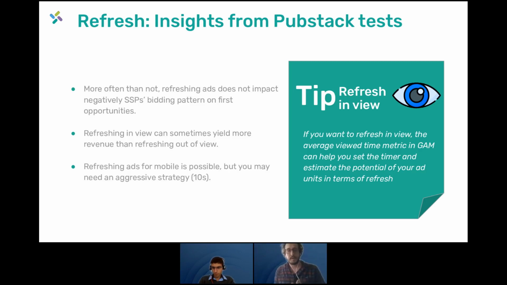The second point is that if you're refreshing out of view right now, refreshing in view can sometimes yield more revenue, because SSPs are going to react positively to the increased viewability. We saw that on several publishers. They had refreshing on out of view, which was kind of aggressive.